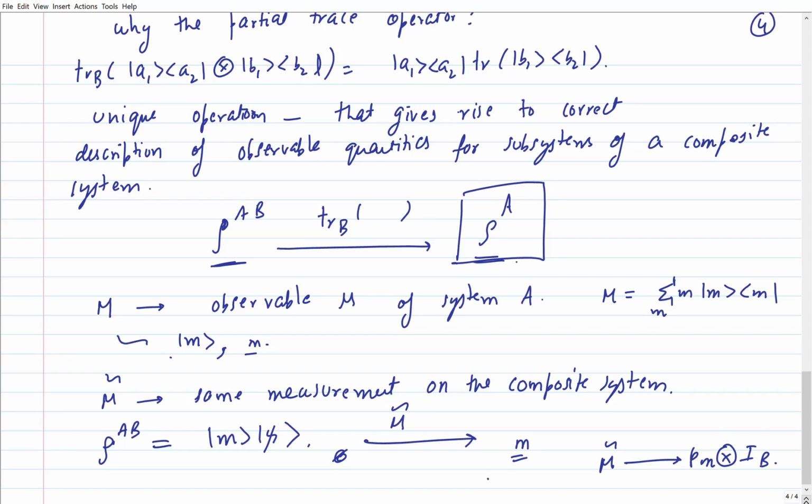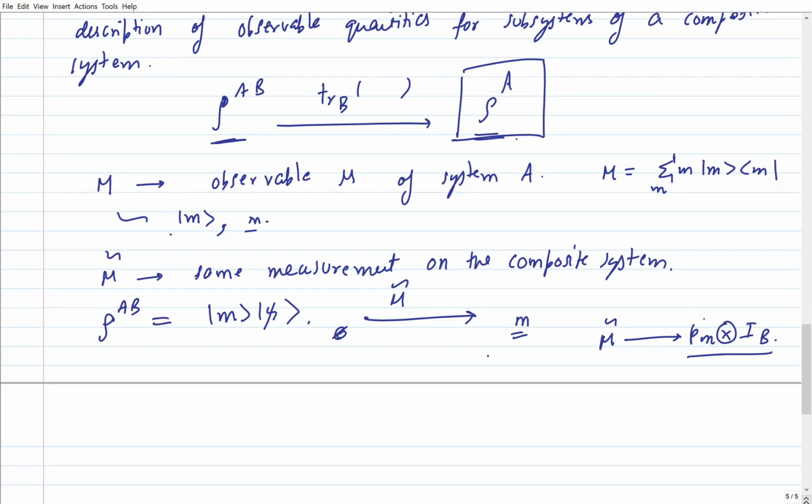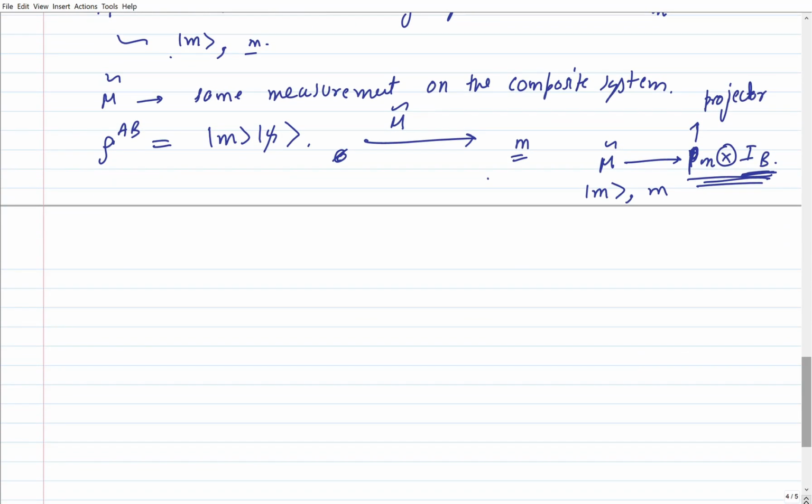This is the projector. That means I am doing something to the system. This is a capital P, a projector on system A. I am doing nothing to system B. It's an identity operator. Once I apply this projector, I should recover back the eigenstate m, and I should get the eigenvalue m. So in fact, one can show through this logic that M tilde is nothing but just a decomposition, this guy.